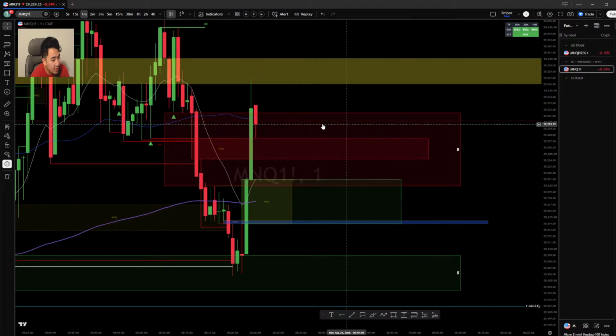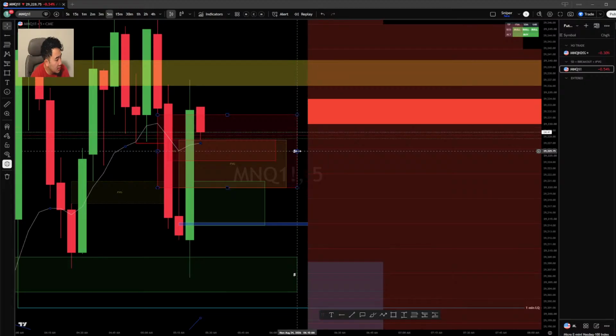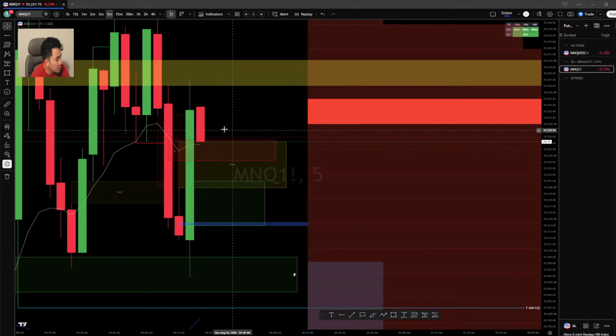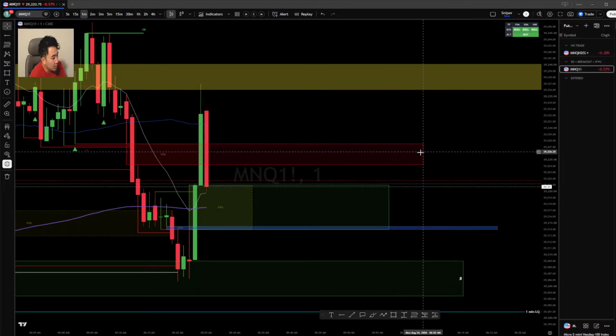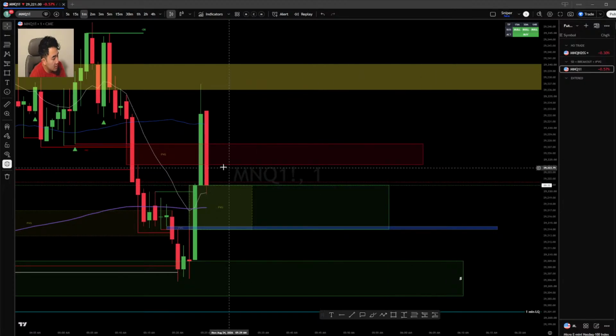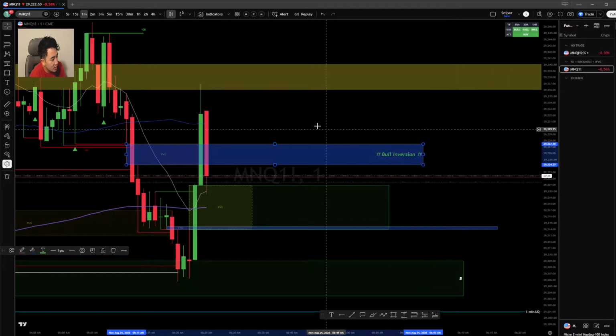See this 5-minute, this is broken. This 5-minute gap right here, this green candle closed over it, so that's broken. On the 1 minute, let's see, price closed over it with that green candle right here. This becomes a bullish inversion here.